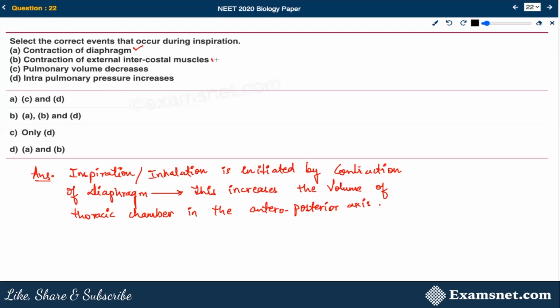Again, this is also correct. Apart from the diaphragm, there will be contraction of the external intercostal muscle, because this will result in an increase in the volume of the thoracic chamber in the dorsoventral axis. So the volume of the thoracic chamber should increase in the anterior-posterior axis and also in the dorsoventral axis.